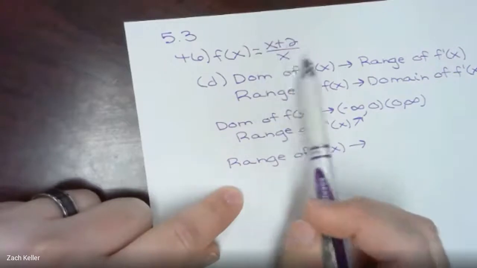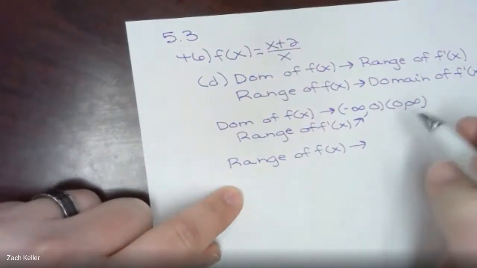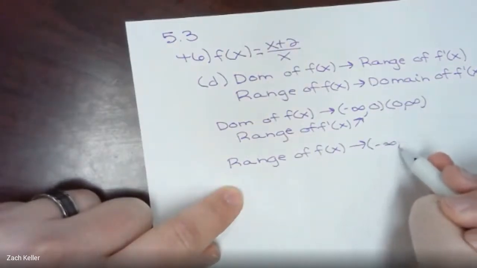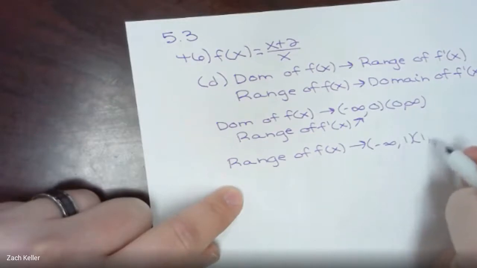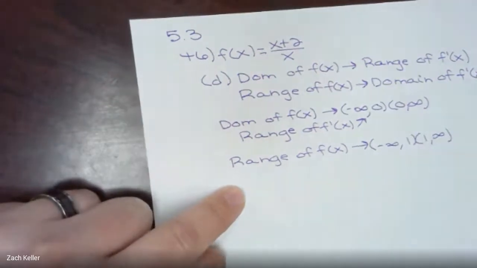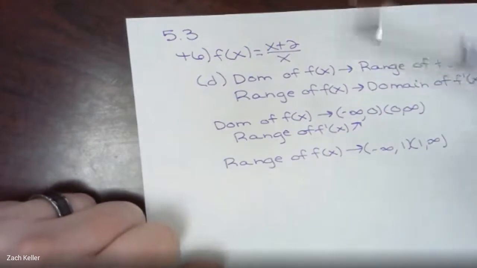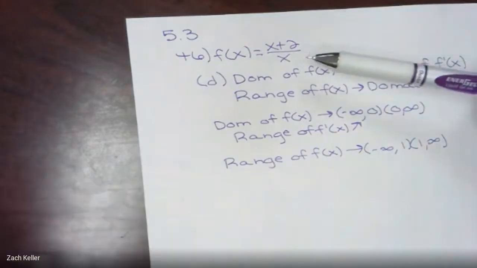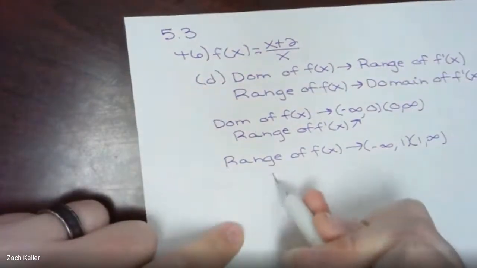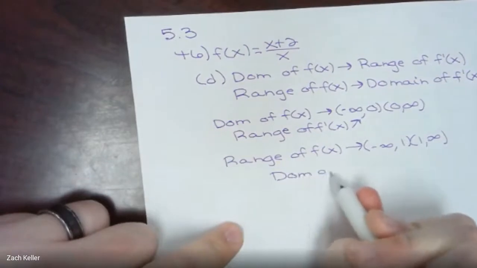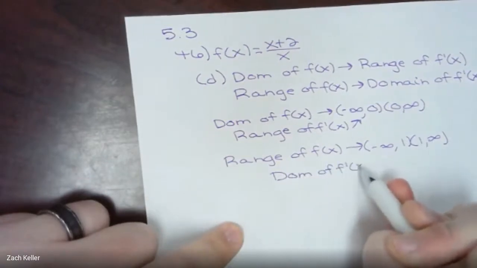So the top will always be different than the bottom. So you can get everything except 1. Hopefully that helps. That was a little confusing. But there's no way to have the same number on top and bottom, so there's no way you get 1 back. So then that would be the domain of f inverse.